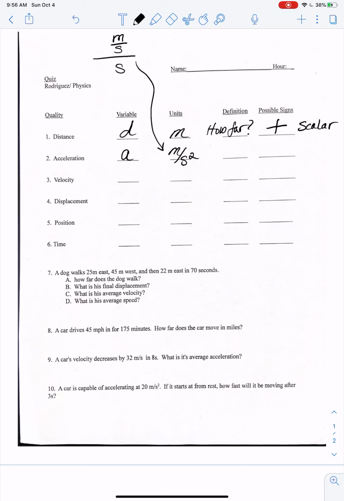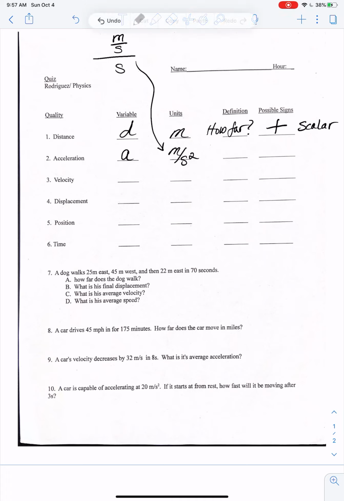It's how quickly your velocity changes, how quickly you slam on the brakes, how quickly you press the brake lightly, how quickly you hit the gas pedal. That's what we're saying here. So it's how much you change your meters per second every second. And so we like to mathematically converge those two, right, and get meters per second squared. So we write meters per second squared, but it means meters per second per second.